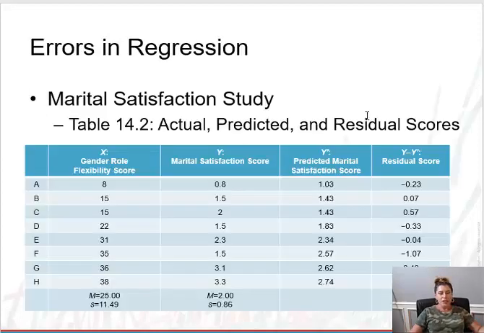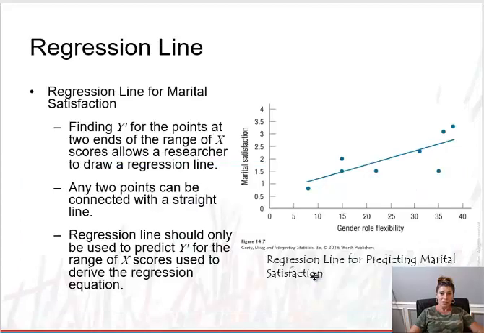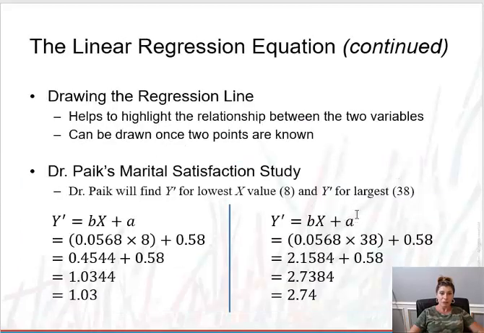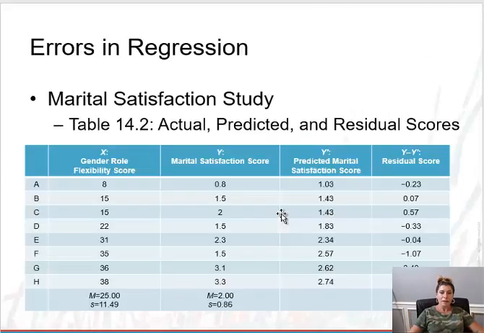So what you can also see from this data set is we have the actual values of x, the actual values of y, and now we can calculate all the predicted values of y using this regression equation, right? And then we can look at the residuals.